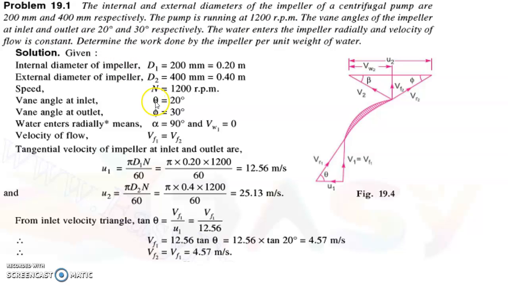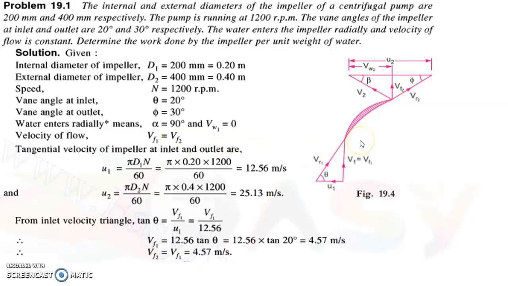So theta is 20 degree and phi is 30 degree. The water is entering radially, that means alpha is equal to 90 degree, and obviously if alpha is 90 degree, VW1 will be equal to 0. And velocity of flow is constant, that means flow velocity at inlet and outlet will be equal.